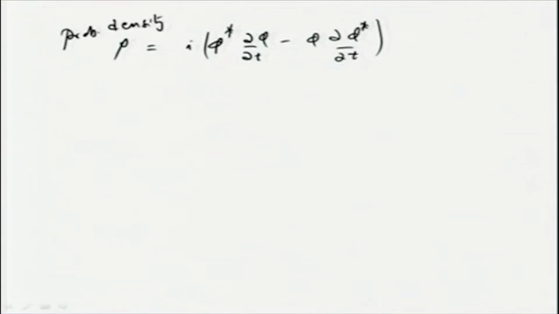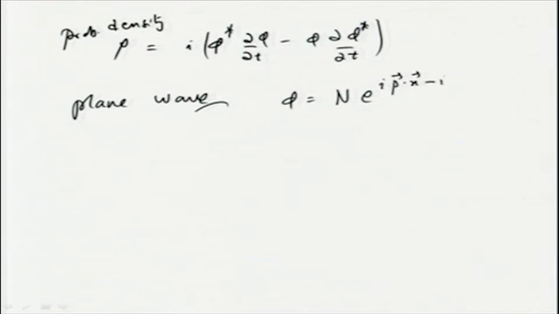If I take a plane wave solution for phi, I can write it as e^(i p·x minus i E t). This is a plane wave.